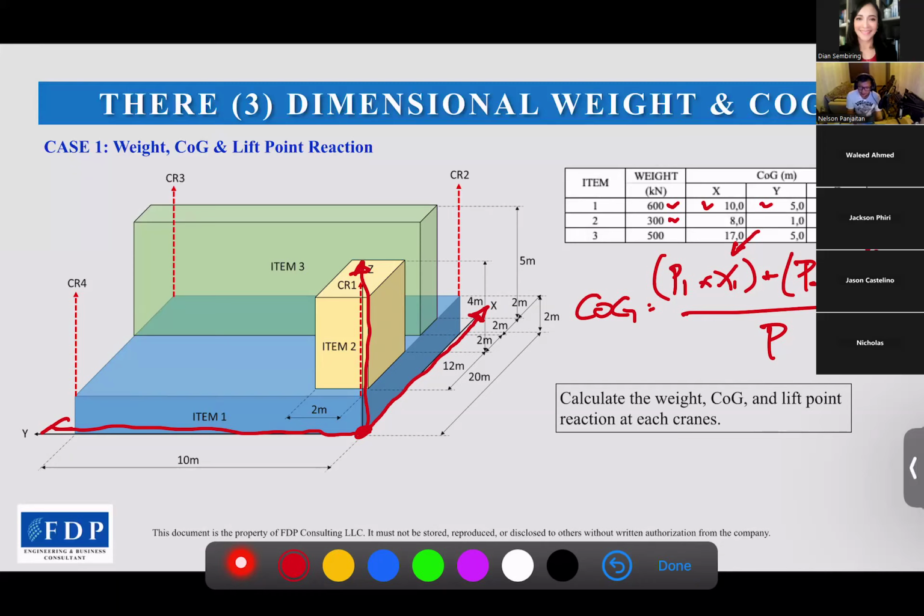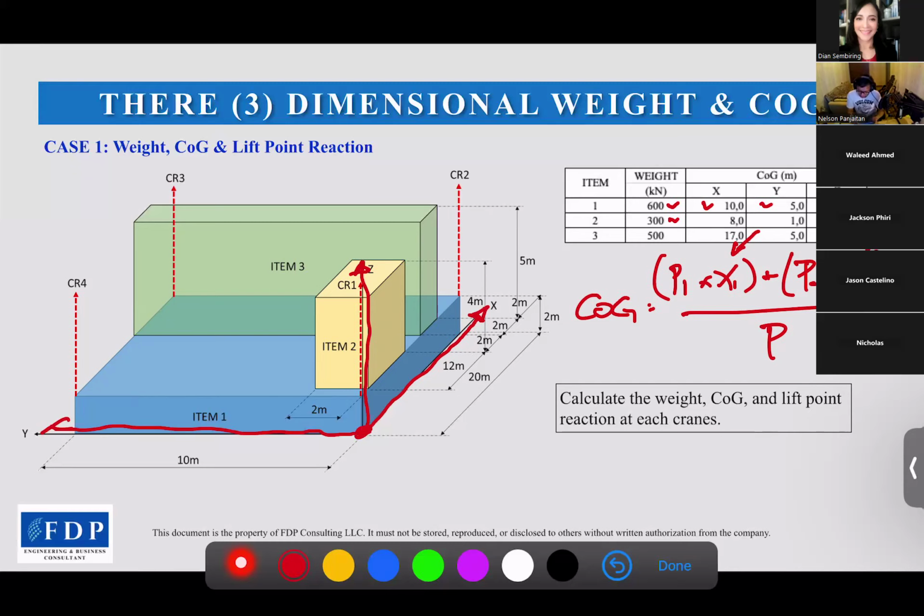For this we need to be consistent in measuring the COG position or location. We should use the same origin point for each item. So make sure that you have a clear origin point before you start to calculate the COG.